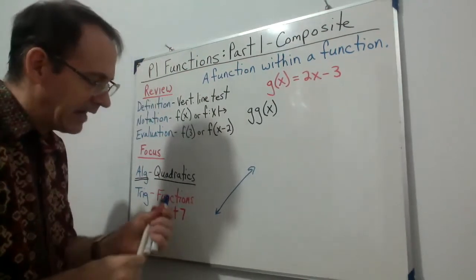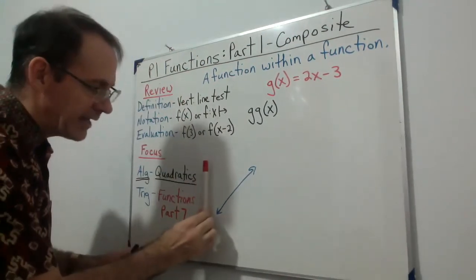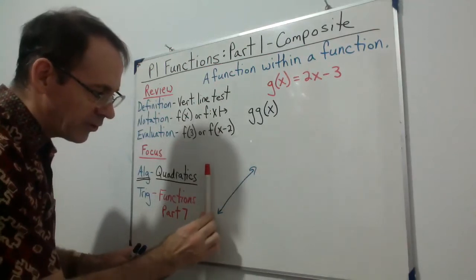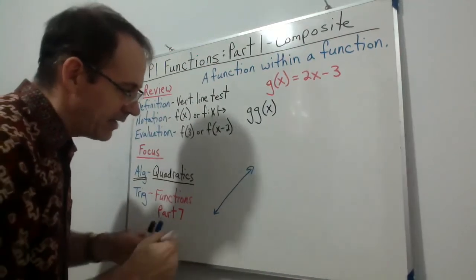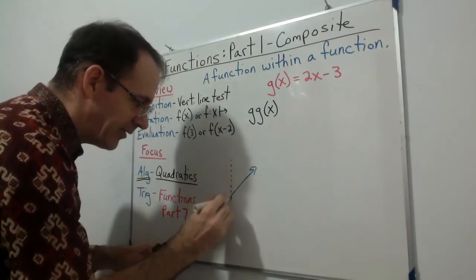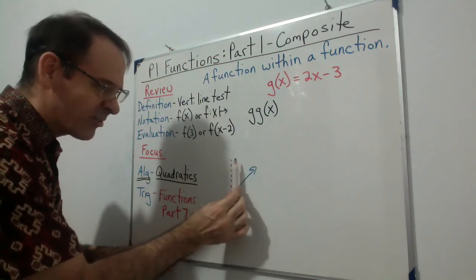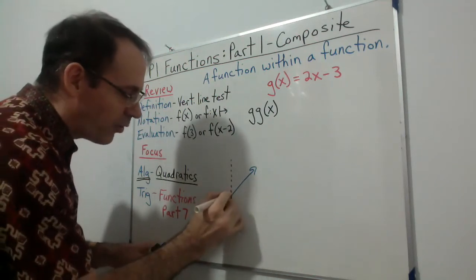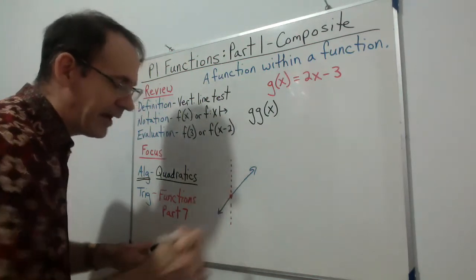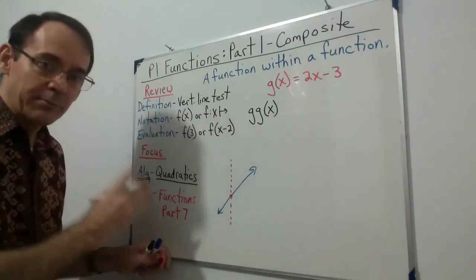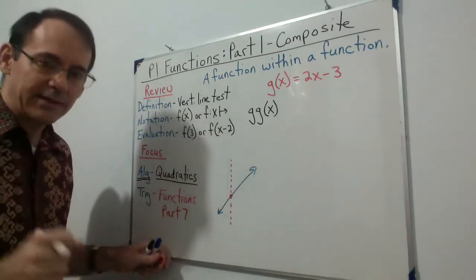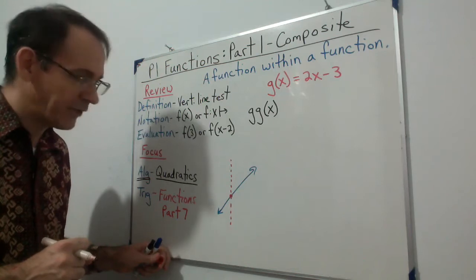and you pass a vertical line across your graph slowly from left to right. If you look at any imaginary cross section as you're moving your vertical line across your graph, as long as it's only touching your graph at one point from left to right, then that can be classified as a function.